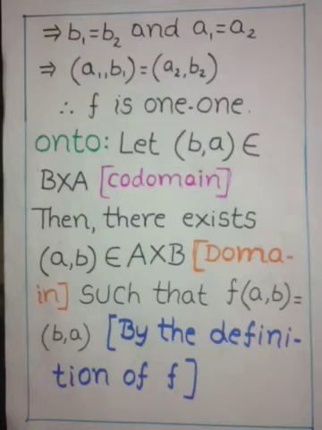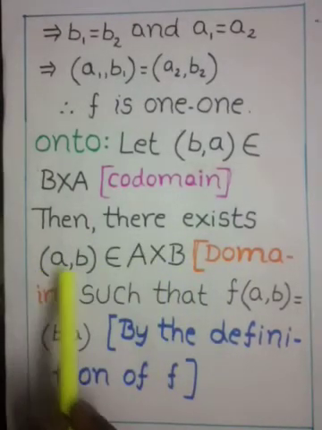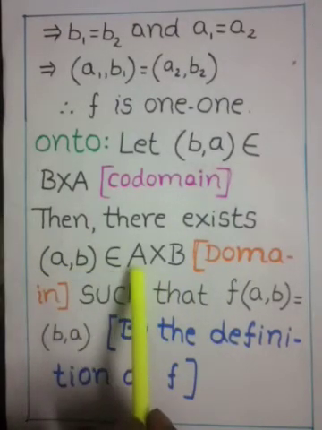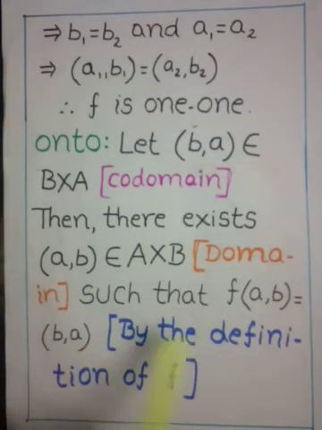Every element in the codomain should have at least one pre-image in the domain. So there exists an ordered pair (a, b) belonging to A cross B, that is in the domain, such that f of (a, b) is equal to the ordered pair (b, a), because this is the definition.